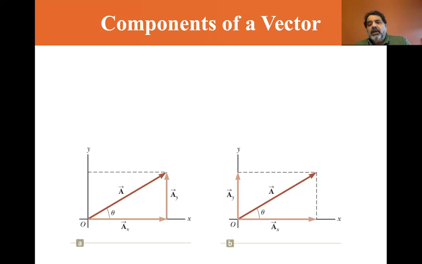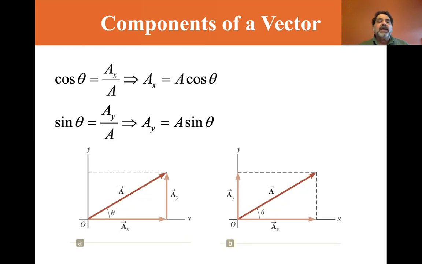But still, the cosine of theta is still AX over A, and the sine of theta is still AY over A, because, you remember how I said that vectors, you can move them around. The fact that it's at the end of the triangle, it's the same vector. So the AY, in either case, is the same vector, irrespective of whether it's at the end of the triangle or on the axes.